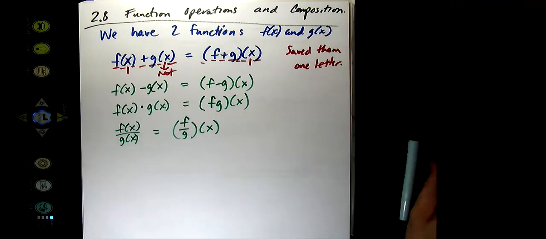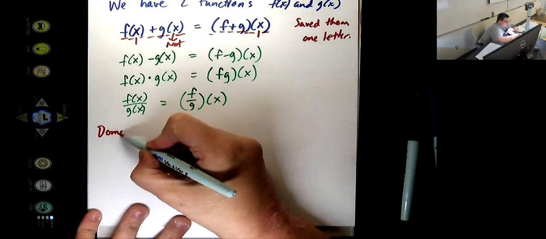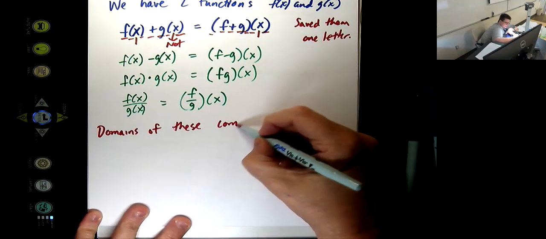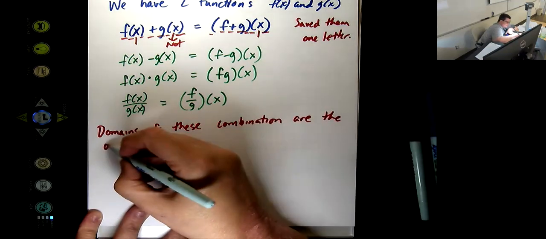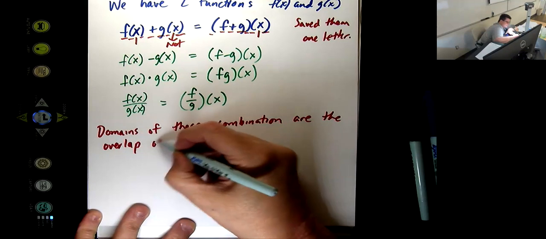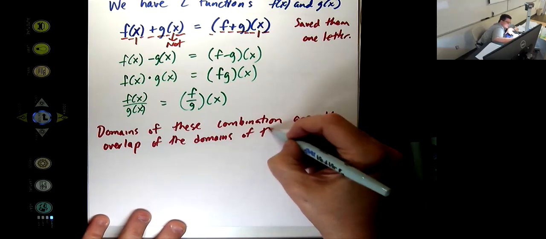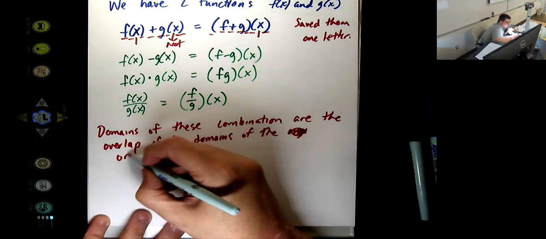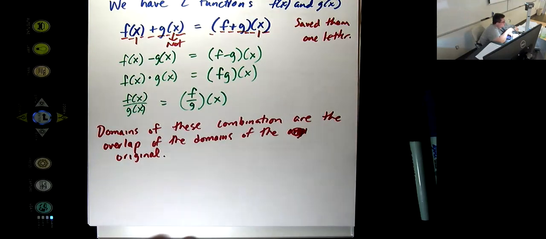The only real difference with what's going on is the domains. The domains of these combinations are the overlap of the domains of the originals. For a lot of things, both of them are all real numbers, so together they are all real numbers.